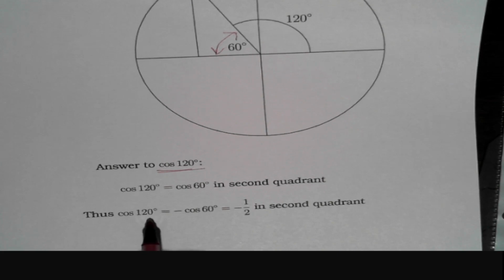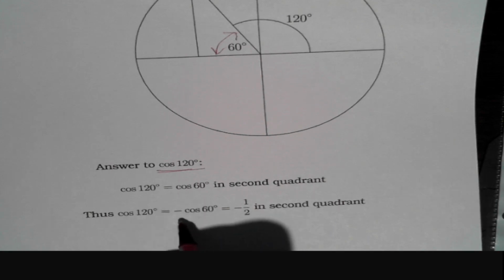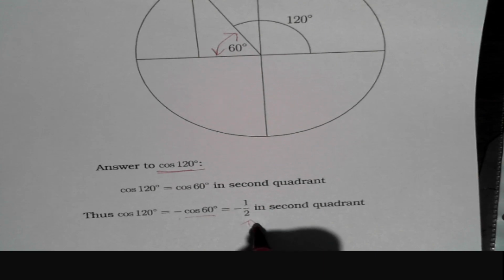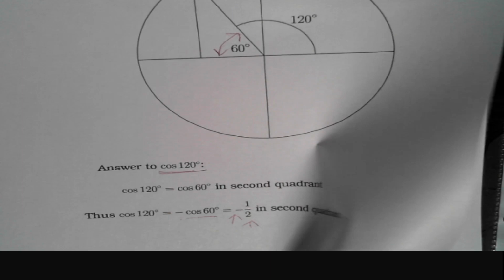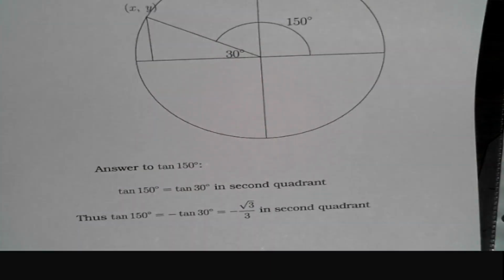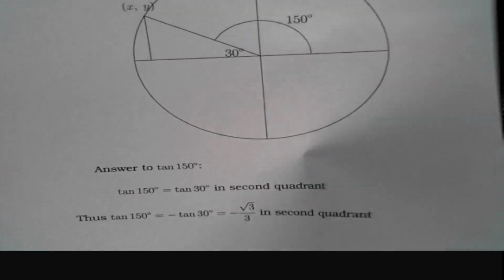The value of cosine in the second quadrant is negative, so cosine 120 will be the same as negative cosine 60 degree. And again, from the 30, 60, 90 degree triangle, we get cosine 60 is 1 over 2, with the value negative.